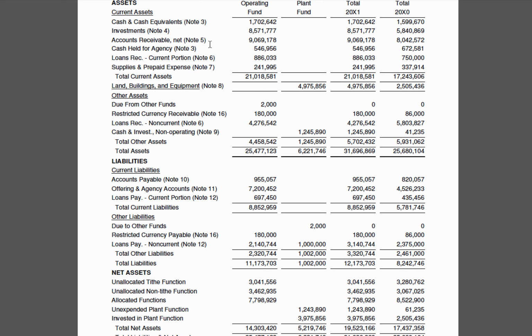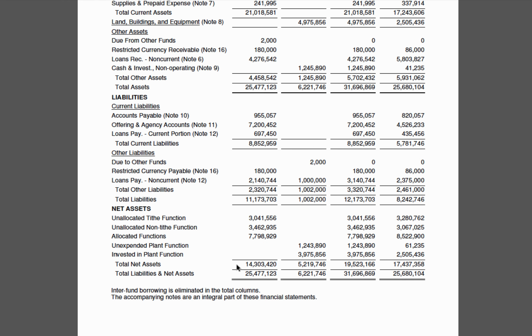Almost every organization needs to have at least both of these. The best way to think of them is as the different branches of the store of a business, branch stores, and they are used where the assets and liabilities have to be kept separate for each of the different funds. Okay, so that's what a fund is.